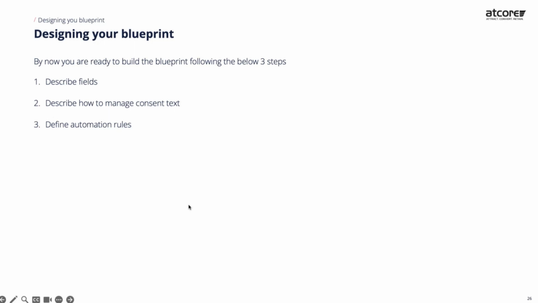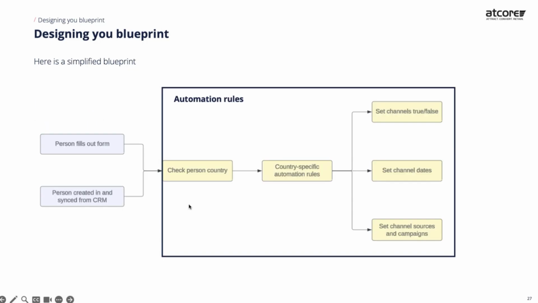Before I start talking about the fields, I just want to show you what I'm actually referring to when I say blueprint. This is a description of what we intend to build in our automation platform. So this is a very simplified blueprint, but it describes what needs to happen if a person fills out a form, or for example, if a person is created in and synced from CRM.